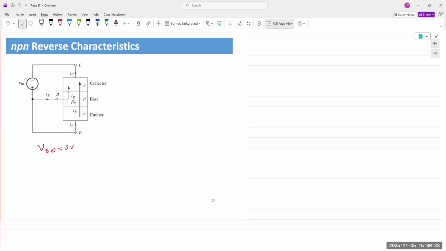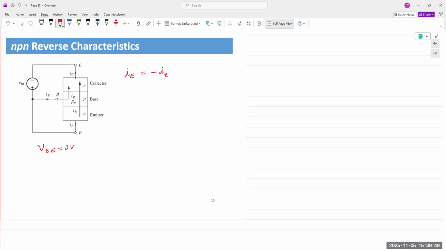And now instead of IC, we have IE. Reverse current is flowing in the opposite direction, IR, going opposite to IE. So we can write IE is equal to minus IR.